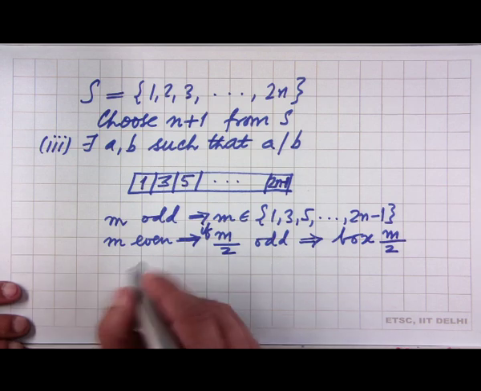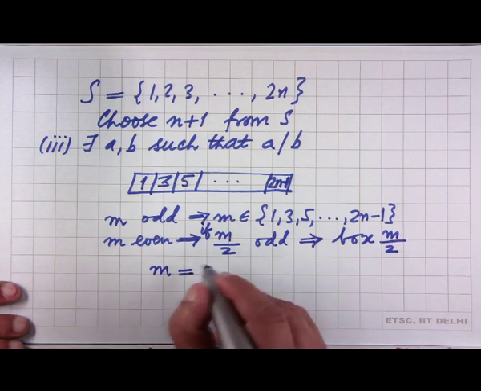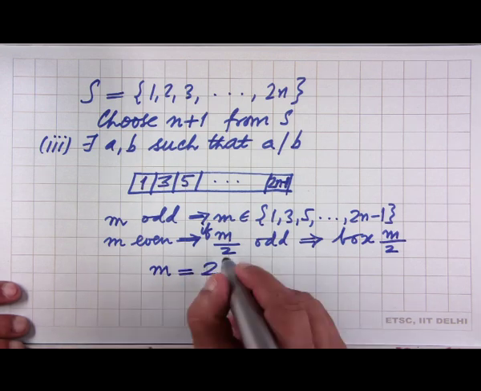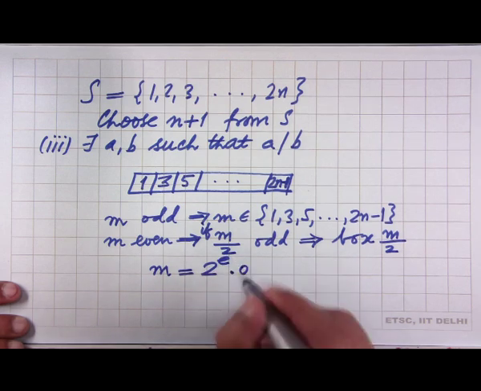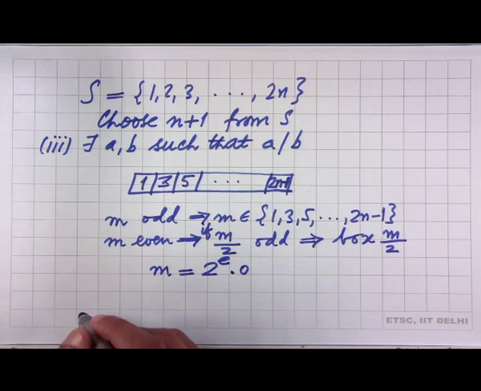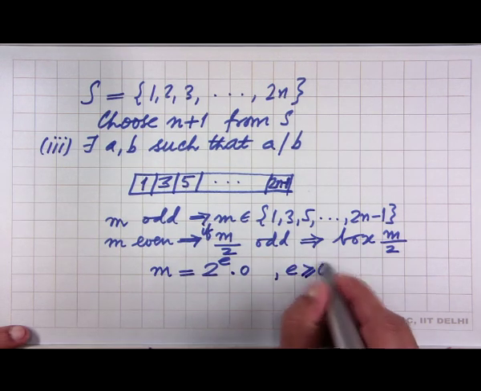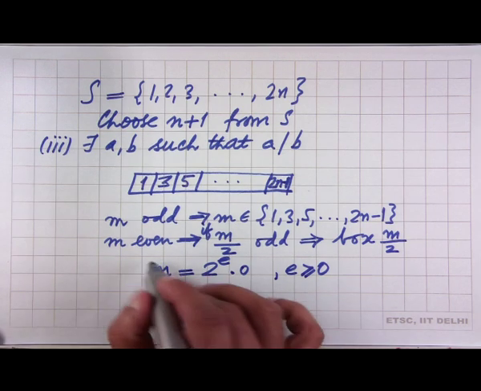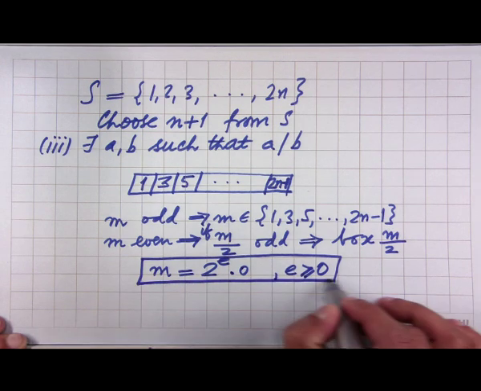So plainly put, I could have said this much more easily in the following fashion. Think of m as being a power of 2 multiplied by something, which I will simply call O. It's an odd symbol, but it's an okay symbol for an odd integer. E here is at least 0. E could be 0. So this is the basic fact that I'm assuming to be correct for any positive integer.